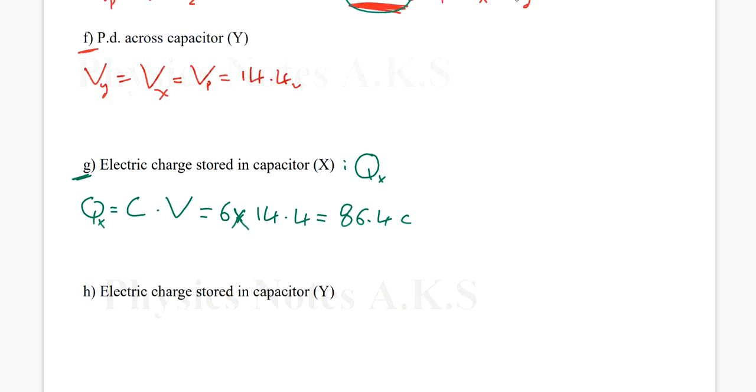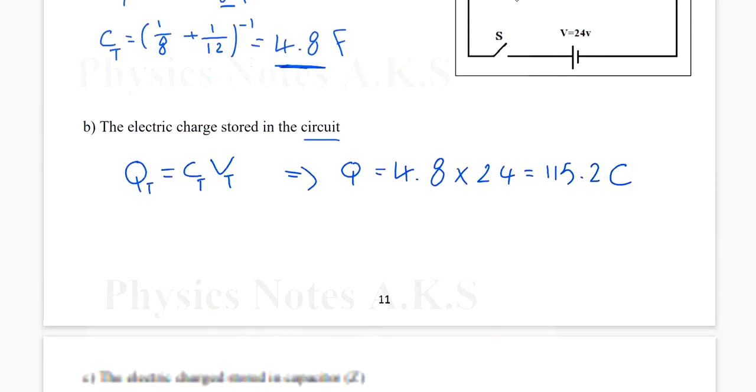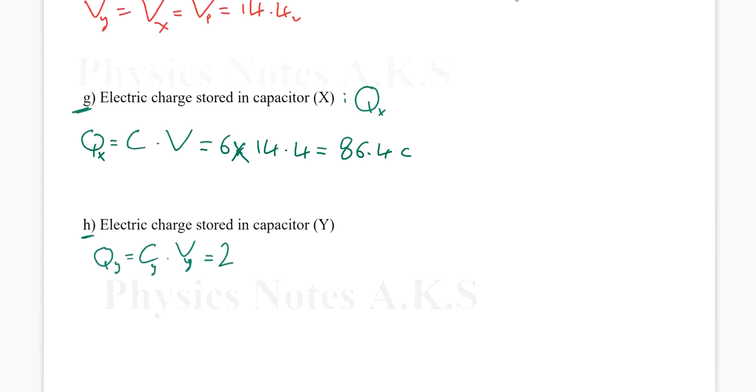Good. Now they want the electric charge stored in Y. I can do the same thing. Q in Y is actually CY multiplied by VY. The CY, how much? It is 2, as I remember. Let me go back here. Yes, it is 2 farad.